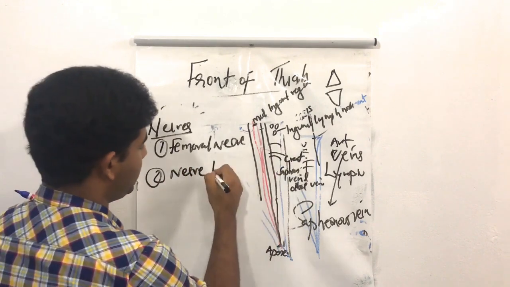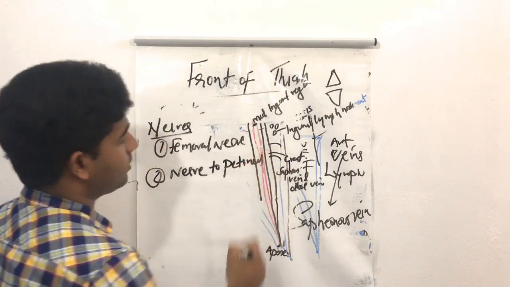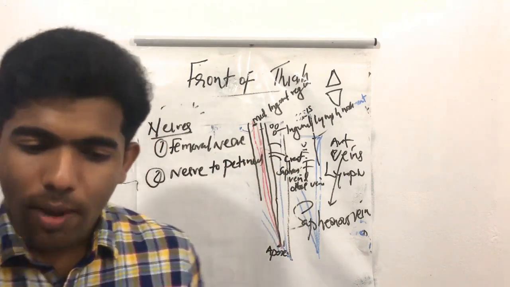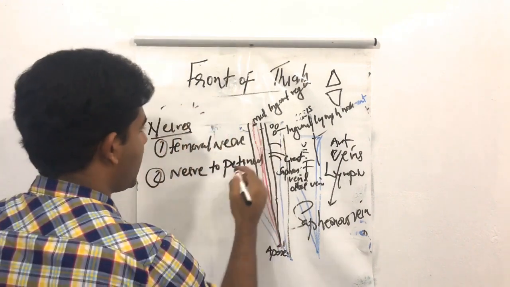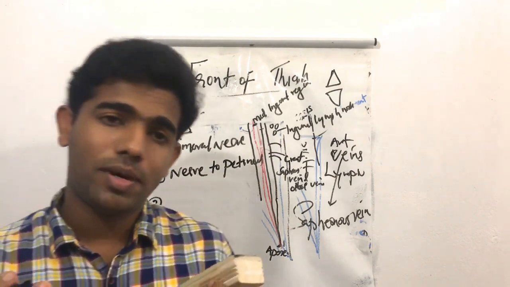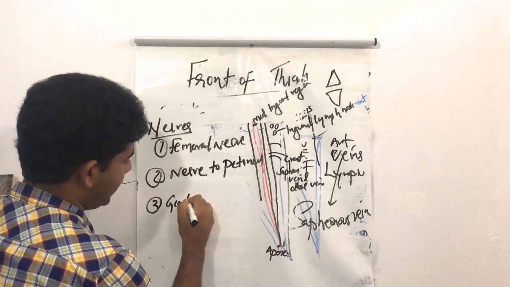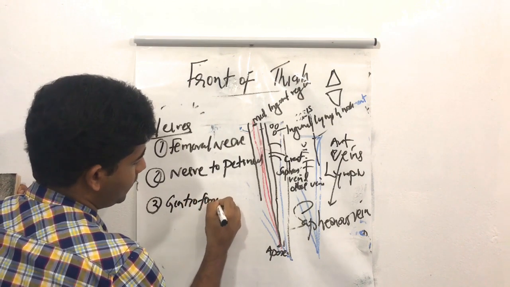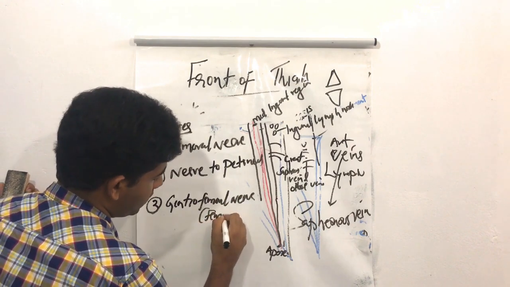We know that there is a pectineus muscle, so the nerve to pectineus muscle. Okay. And then centrally we have another nerve, that is the femoral branch of the genitofemoral nerve. Yes, the femoral branch.